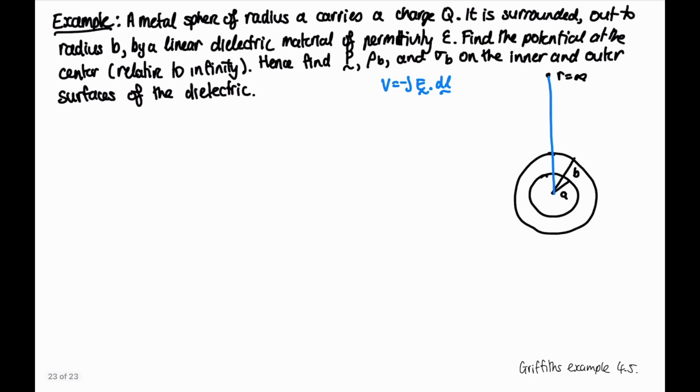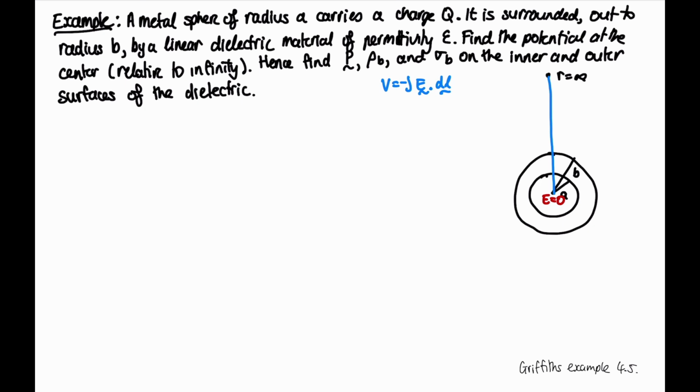So what we'll need to do is work out what we can about the electric fields in each of these regions, and use that to calculate the total potential. Some of these regions are relatively easy. We know that this is a metal sphere, so it's a conductor, and so the electric field inside the sphere is equal to 0.